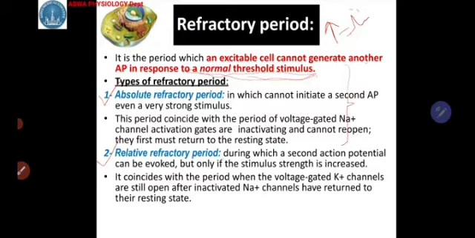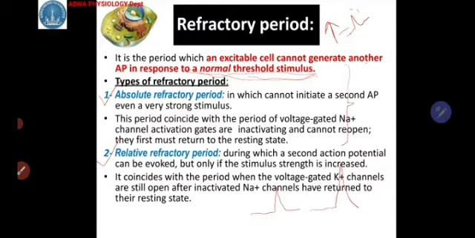Relative refractory period. In this, there is a chance of a second action potential, during which a second action potential can be evoked, but only if the stimulus strength is increased. Normally, the stimulus strength is like this. If the stimulus strength is much stronger, it may cause an action potential at this interval.